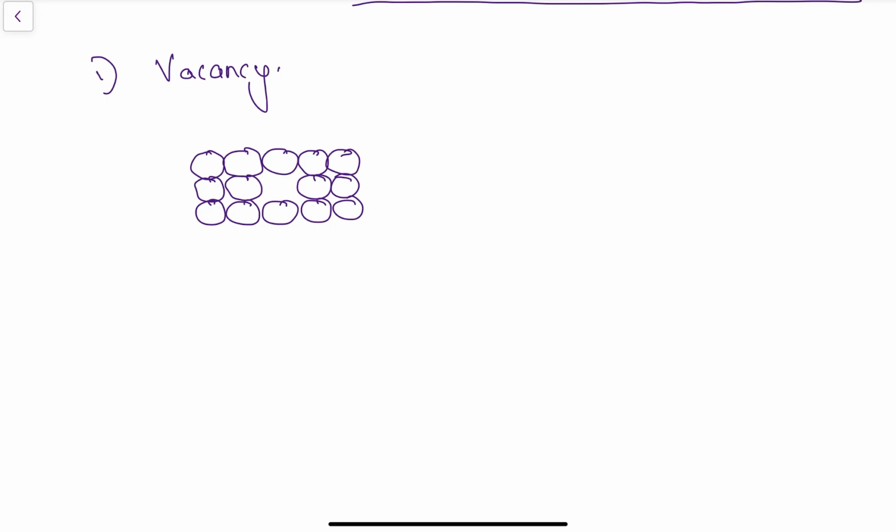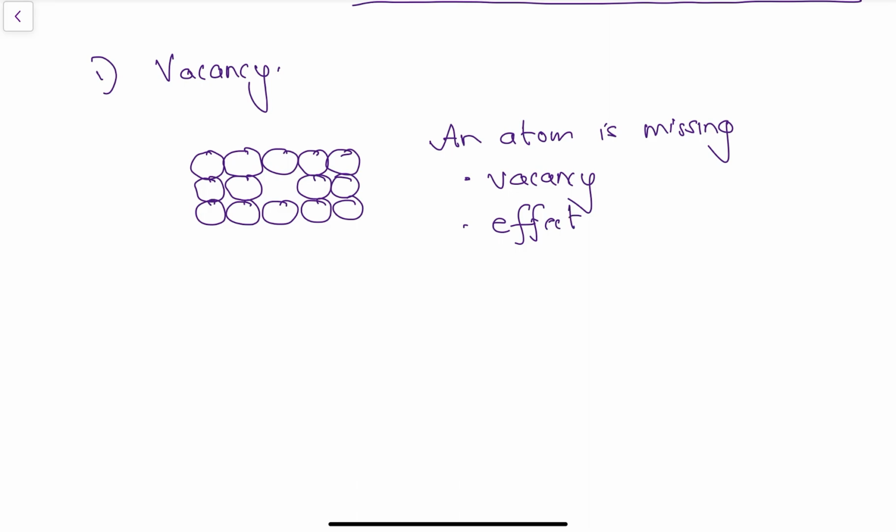And if any one of these atoms is missing, then this leads to a vacancy, which is a defect. This has an effect on the physical properties of this material.